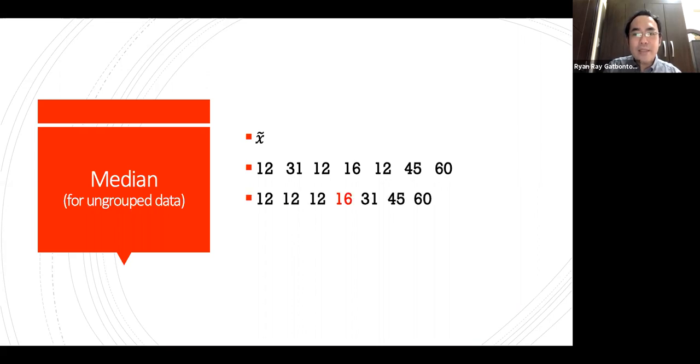I arranged my data in ascending order, and then I try to find the middle value, which is 16. Therefore, the median of this group of data is 16.